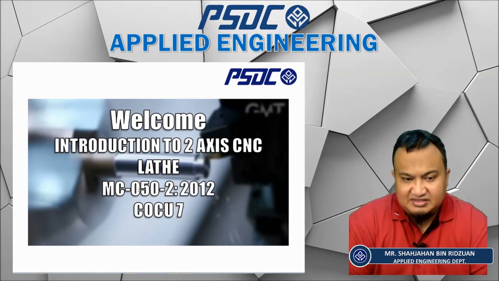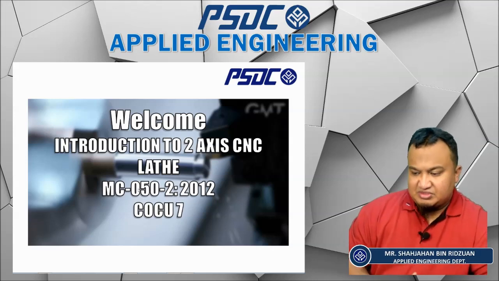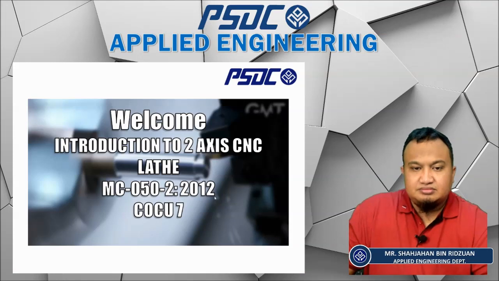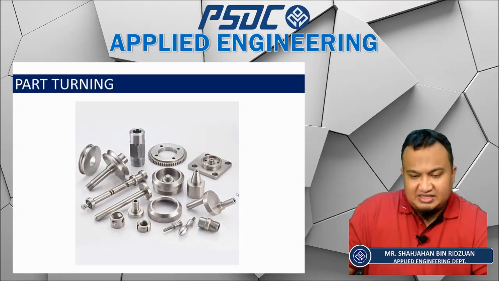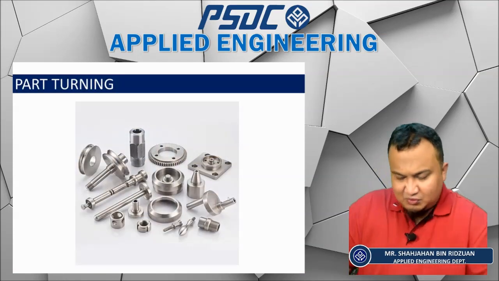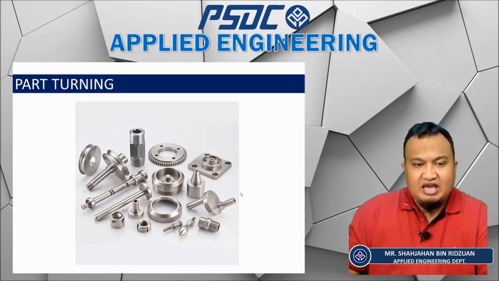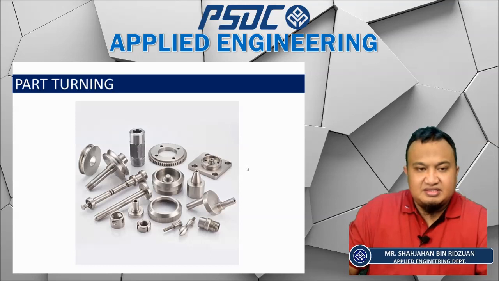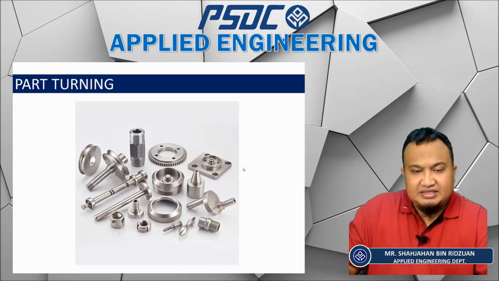For CNC lathe, the Koku is Koku number 7. Before this, I think you already have experience handling a lathe project. So this is several examples of lathe projects that can be produced on a CNC lathe.